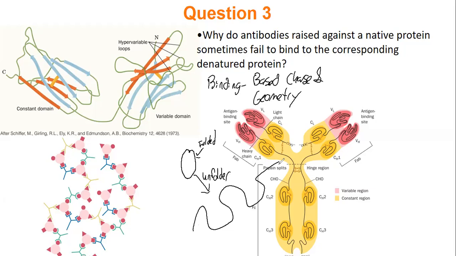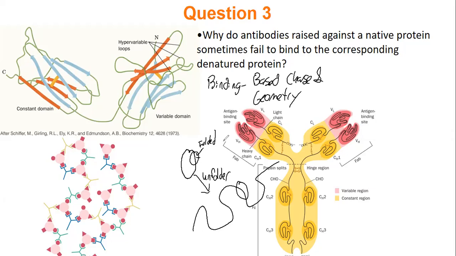That's what an IDP basically is. And if I become unfolded, I lose my specific geometry. Let's say that's the point I'm binding to, the little circle I drew. Maybe it corresponds to right here now. I lost that geometry, and it might not even have the same amino acids around it, because when proteins fold, they bring amino acids from different regions of our primary structure into close contact.